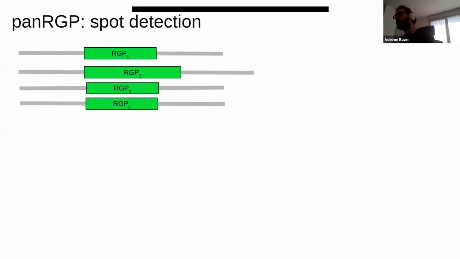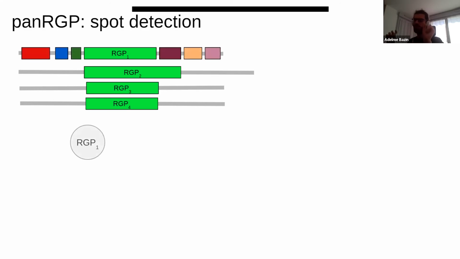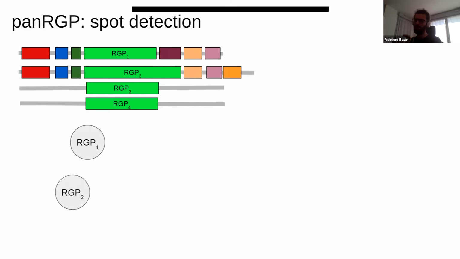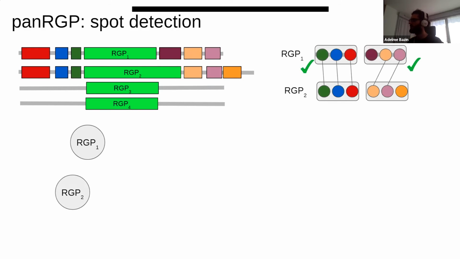So the method goes as follows. What we do is we take all the genomic islands that we predicted with panRGP. Then we look at the flanking genes that are persistent to the genomic islands. We compare the flanking genes together as ordered sets. If the ordered sets are similar or if they partially overlap, we consider that there is a match.